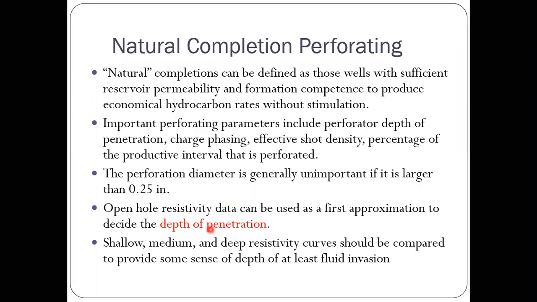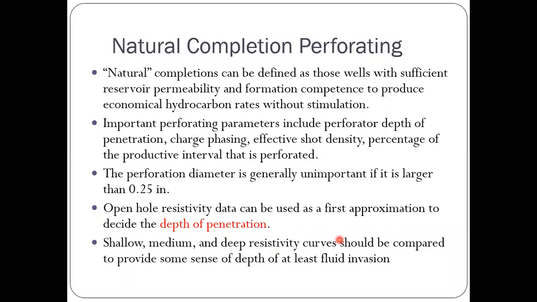we can use the open hole resistivity logs and data from that to find out the radius of invasion, because we have to select the depth of penetration to be more than that, because here we are not going to hydrofracture the formation. So whatever perforation you are able to develop, from that only you are going to produce.